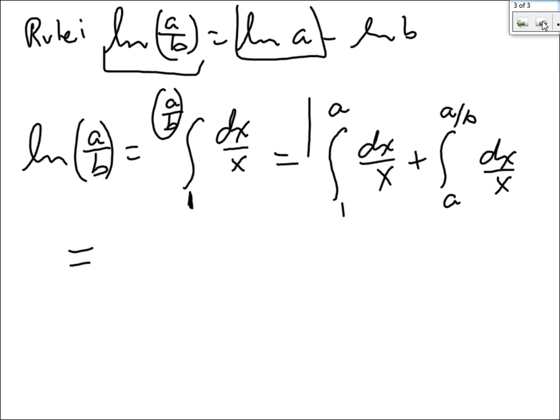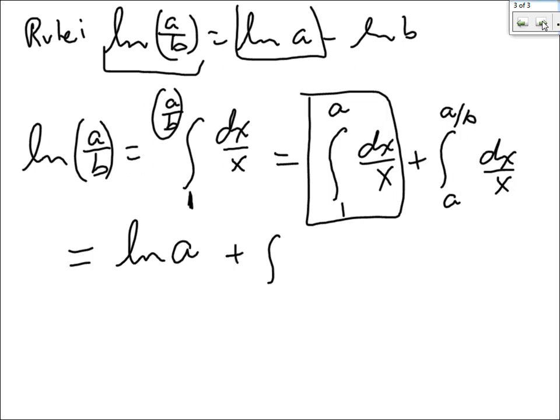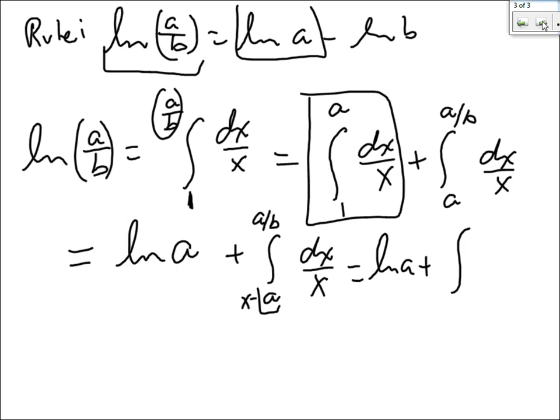Now the reason we want that is because the first integral we know is ln of a, plus the integral from a to a over b of dx over x. Now, I would love a to become 1 in our substitution, and I would love the upper limit to become b.